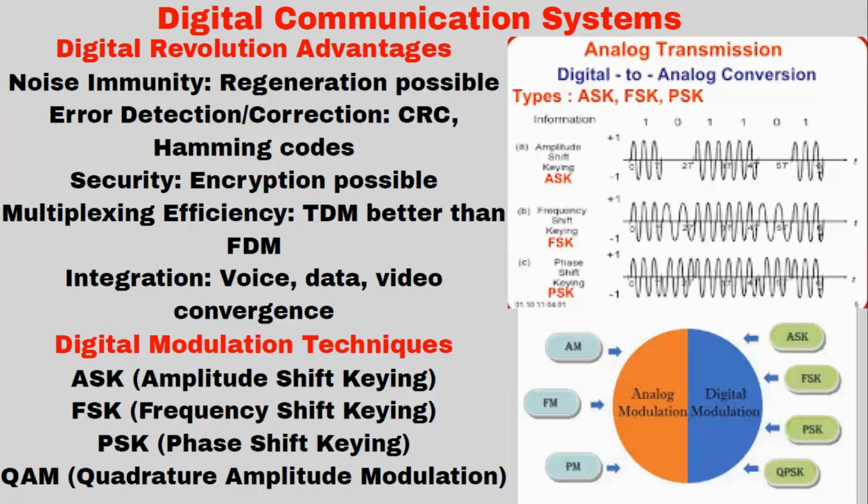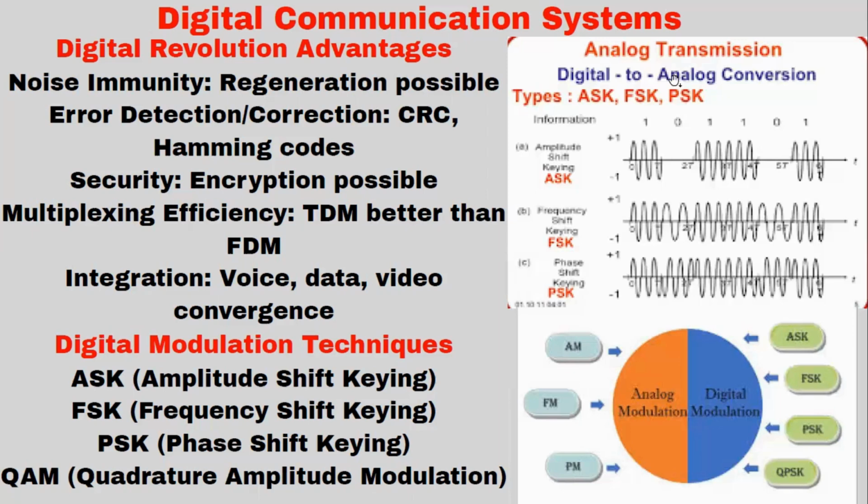Then in digital, what modulation techniques do we use? ASK, FSK, PSK, and QAM. ASK is amplitude shift keying, FSK is frequency shift keying, PSK is phase shift keying, and QAM stands for quadrature amplitude modulation.